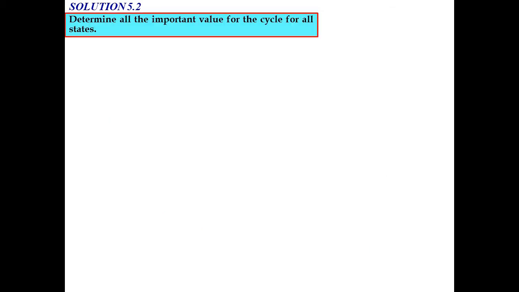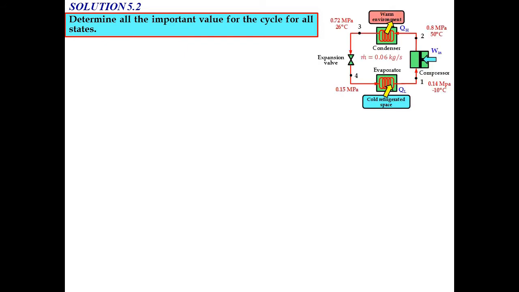Okay, first step, in order to solve example 5.2, we need to determine all the important values, especially the enthalpy H for all states of the cycle. So this is the schematic diagram for the problem. In terms of data given, we have P1 equal to 0.14 megapascal, T1 equal to negative 10 degrees Celsius, P2 equal to 0.8 megapascal, T2 equal to 50 degrees Celsius, P3 equal to 0.72 megapascal, T3 equal to 26 degrees Celsius.